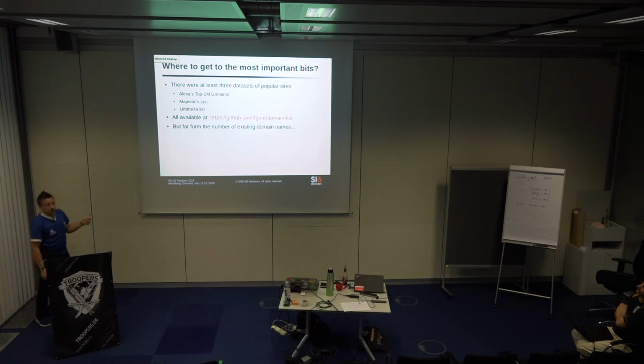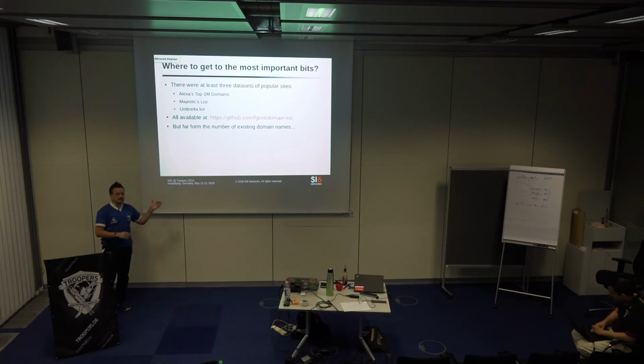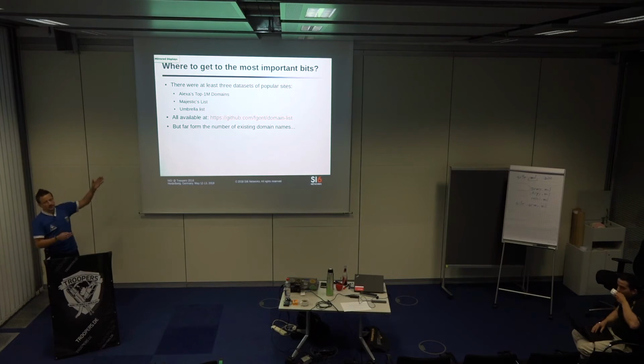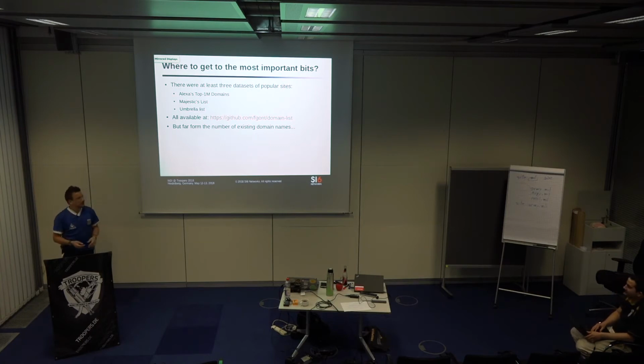One is Alexa's top 1 million sites. I think that at some point they stopped publishing that list. So you don't know if the list that we have right now is really the top 1 million most important sites, but you don't care.